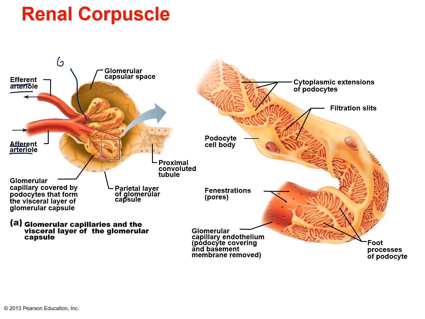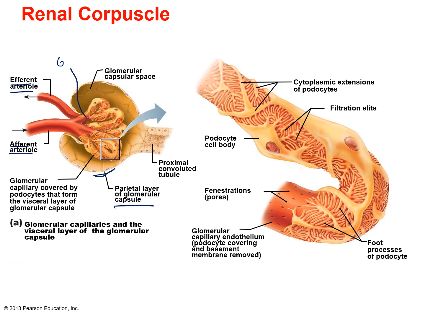So you have your glomerulus, that's one part of the renal corpuscle. But then we need to look at the glomerular capsule. Remember, the glomerular capsule has two layers. You have a parietal layer, which would be this outer layer right here, and then you have a visceral layer.